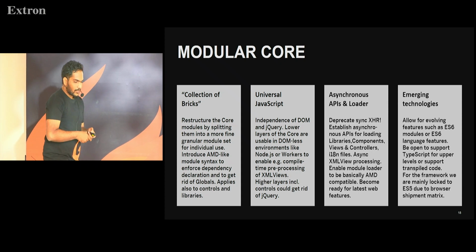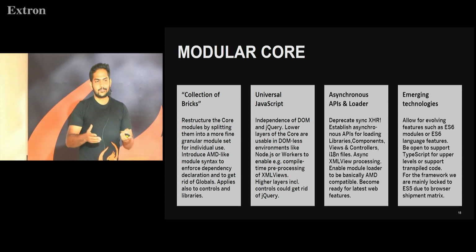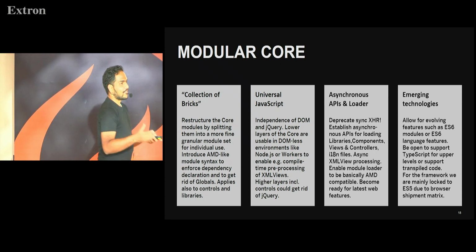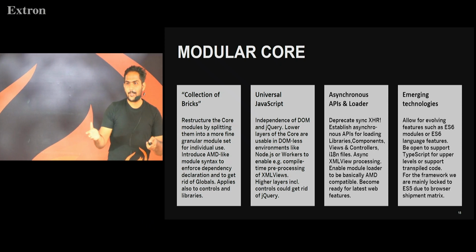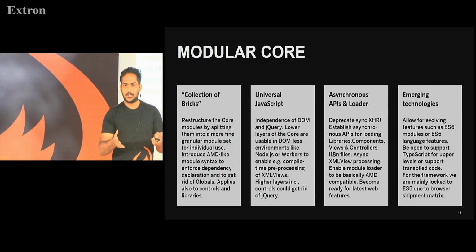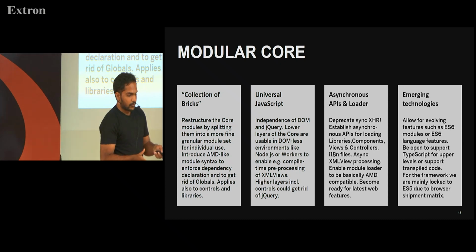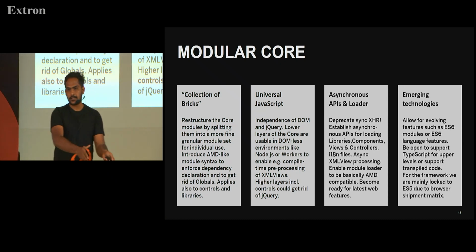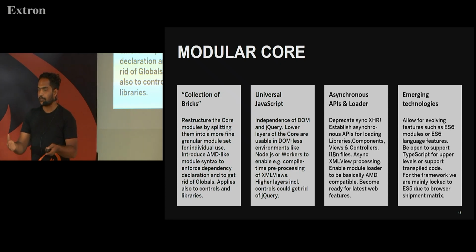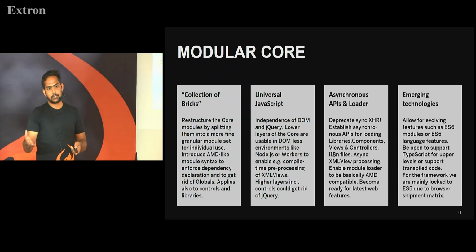Okay, so there are again questions: are we supporting ES6 or not? Yeah, we are almost there. We cannot do it all at once and then stop. Currently we are making the shift from sync to async and then async to AMD-like syntax, and in the near future we'll be supporting all the ES6 modules as well.